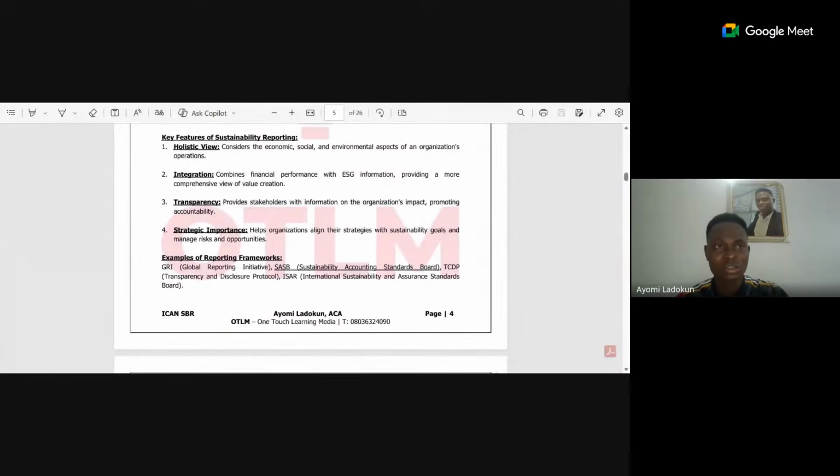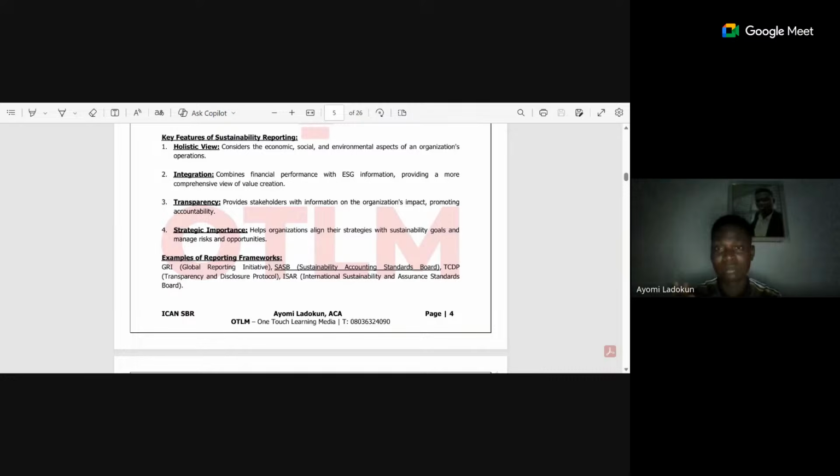The key features of sustainability reporting: first, a holistic view, because it considers economic, social, and environmental aspects. That's why they normally call it ESG, if you remember. I mentioned ESG when I started off earlier. Two is integration, because you now have to integrate your performance and operations with financial reporting.